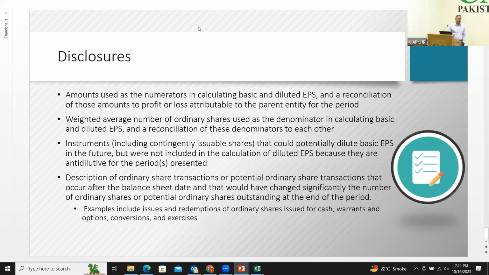The answer is yes, because it is either inventory under IAS 2, or property, plant and equipment under IAS 16, or investment property under IAS 40, where you are using the cost model. In all three types of buildings, you can add borrowing cost, but the important thing is it should be a qualifying asset, and it takes a material time to get ready for its intended use or sale.